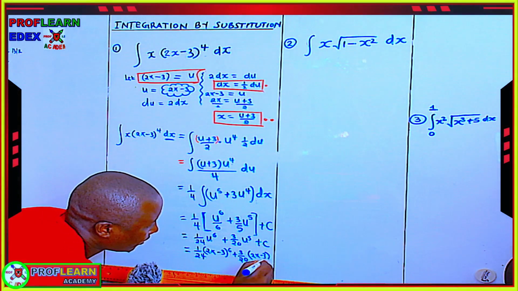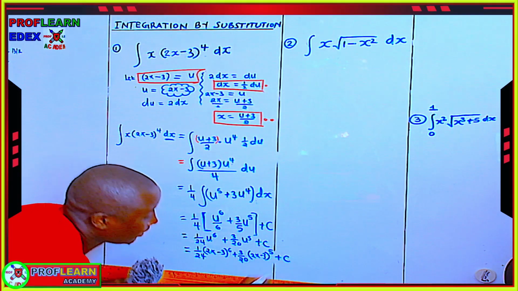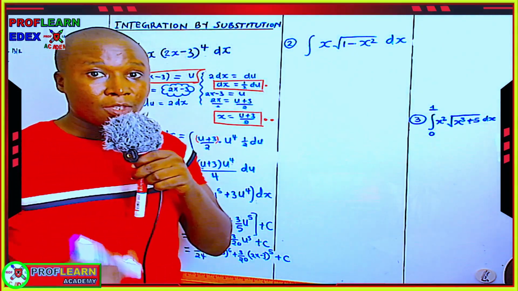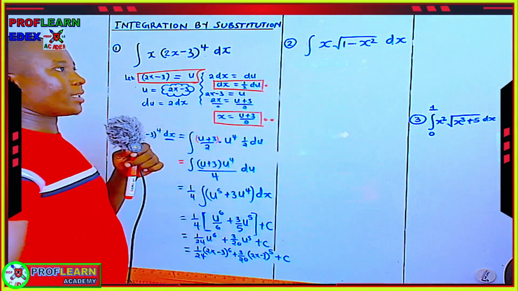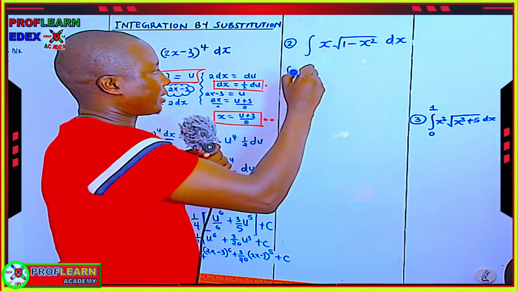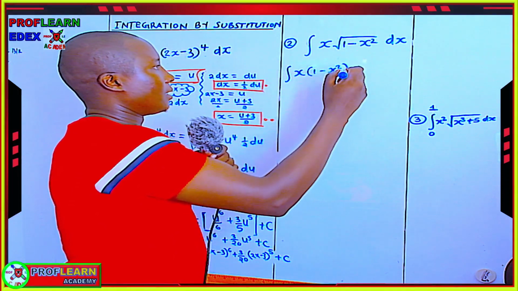So this becomes minus 1 over 2 times u raised to power 3 over 2 divided by 3 over 2, so it will be 2 over 3 here, then plus c. So integrating this part, I get this part, then plus c. Which means our final answer will be minus 1 over 3, because this and this will cancel out, u to the 3 over 2, then plus c.